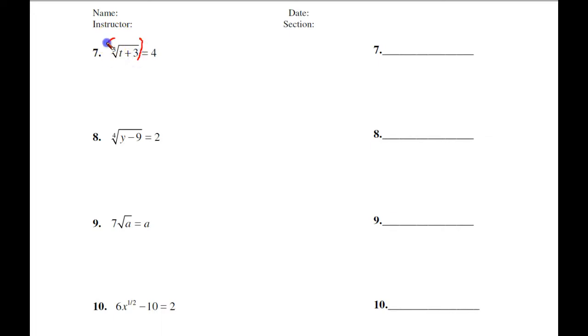So what power will we raise both sides to? 3. So this then becomes t plus 3 equals 64. t equals 61.